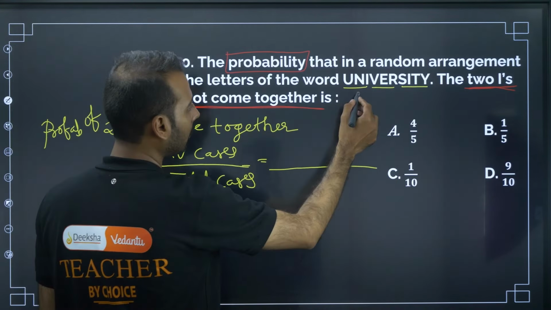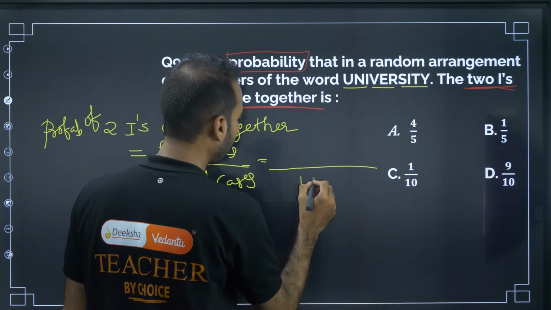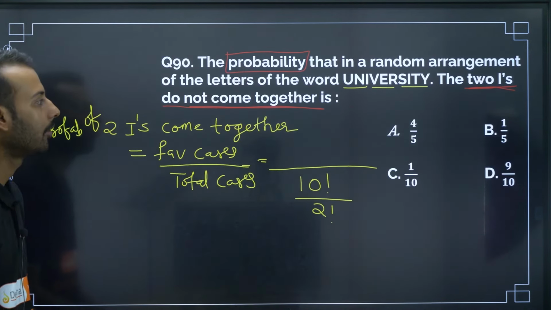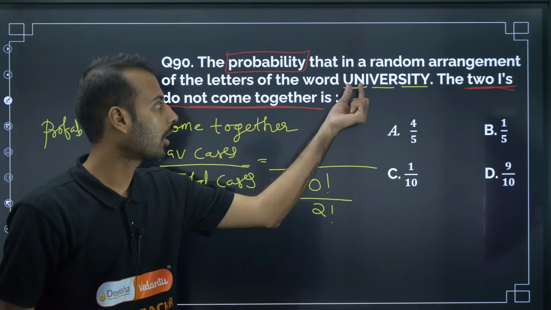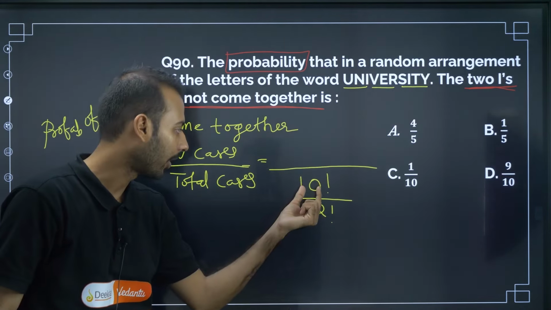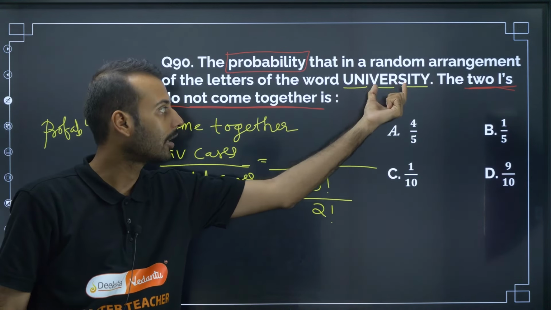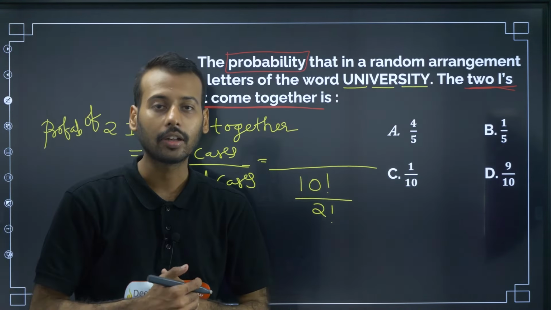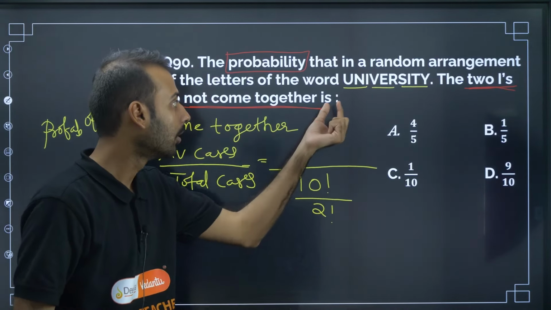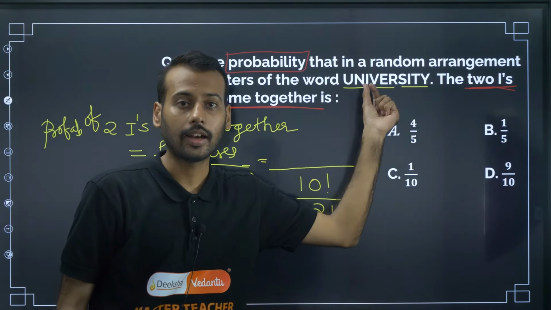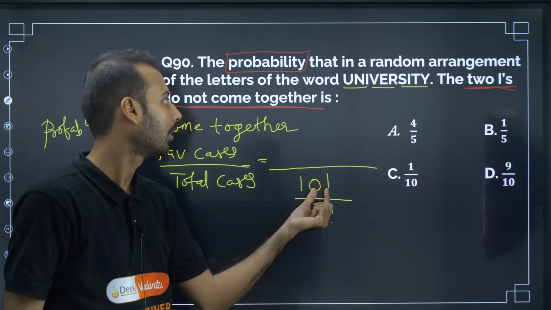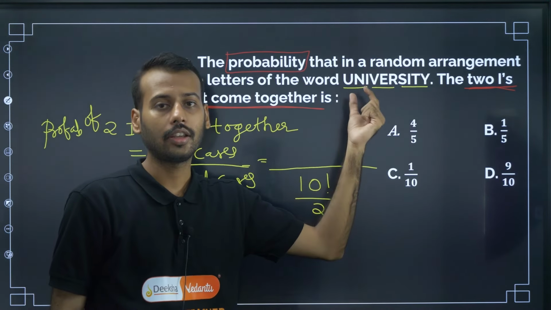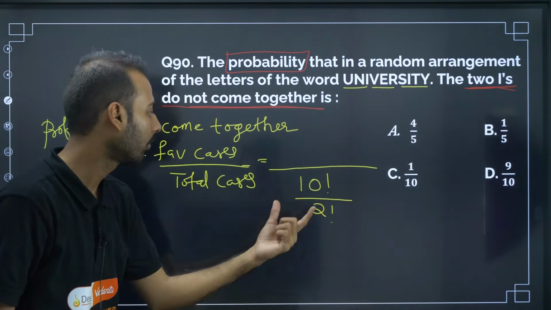Total 10 factorial, and also because of repetition I am dividing it by 2 factorial. There are 10 letters, so that's why 10 factorial. And in place of i and i, we are having 2 repetitions, so 2 factorial.